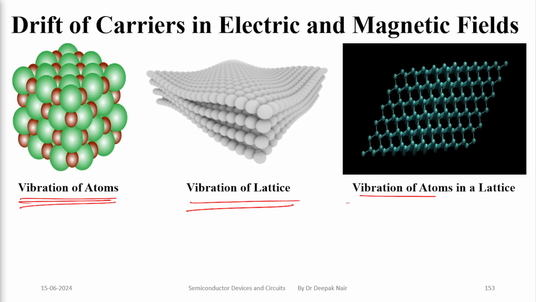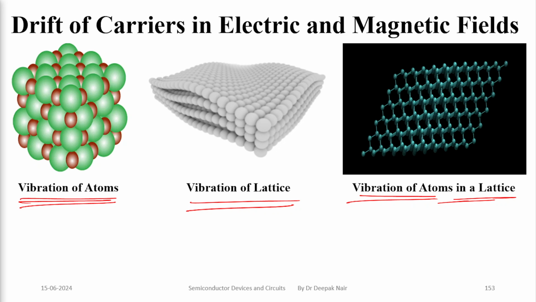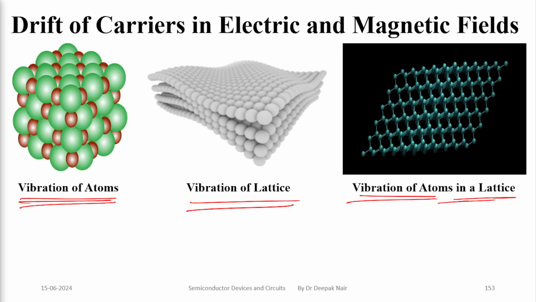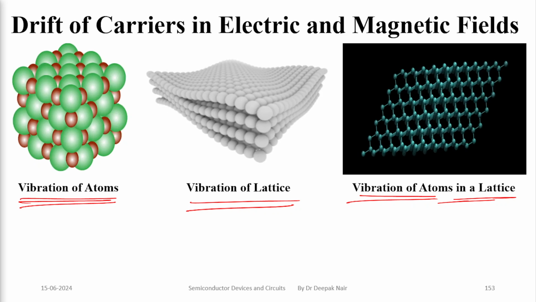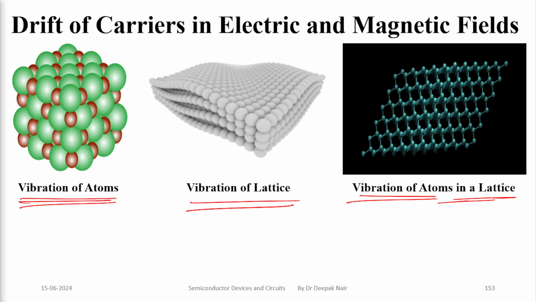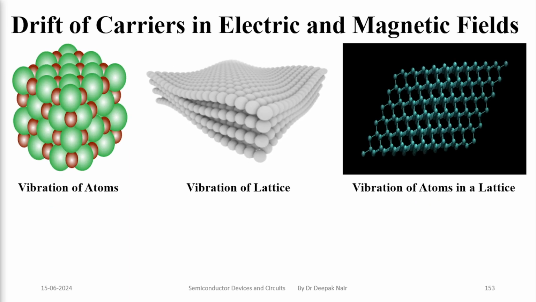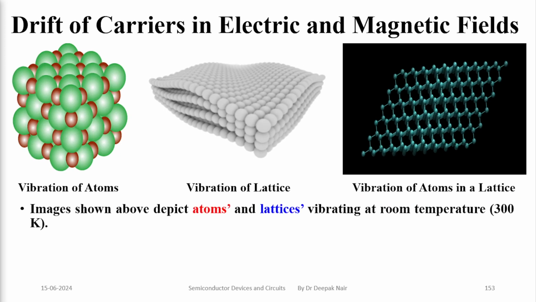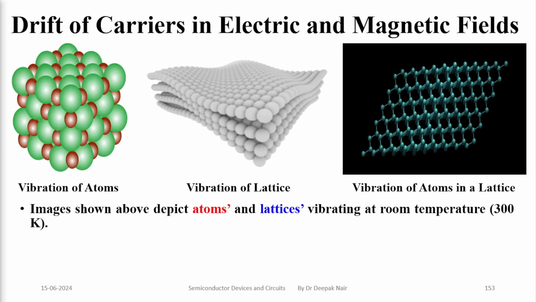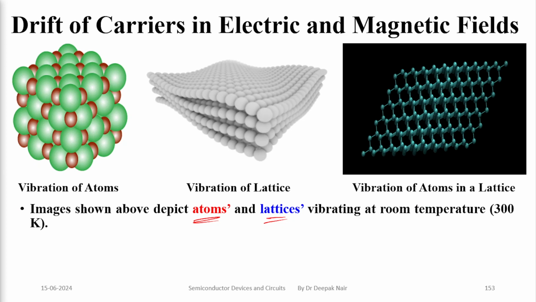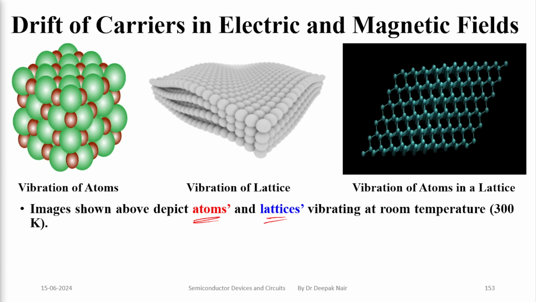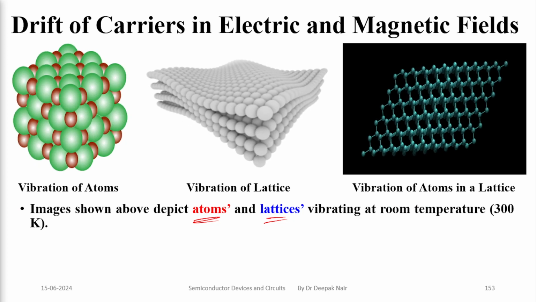Similarly, the atoms in the lattices are also vibrating when the temperature across the semiconductor is greater than 0 degree Kelvin. So, from the above images, we can say atoms and lattices are always vibrating at room temperature.